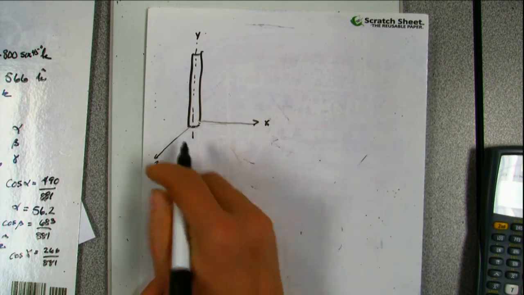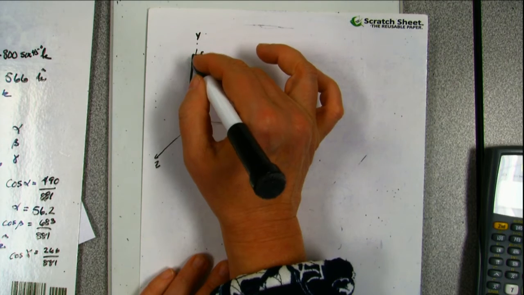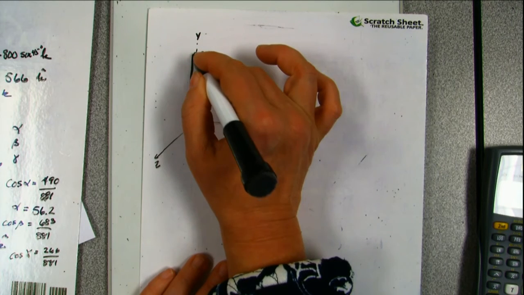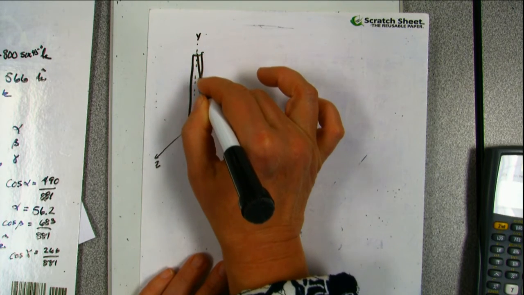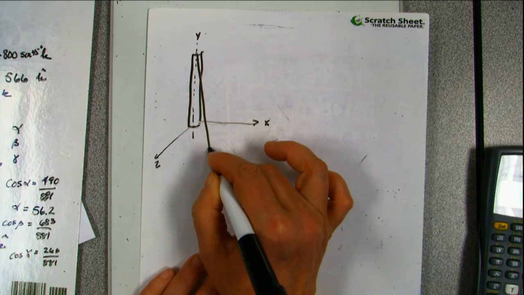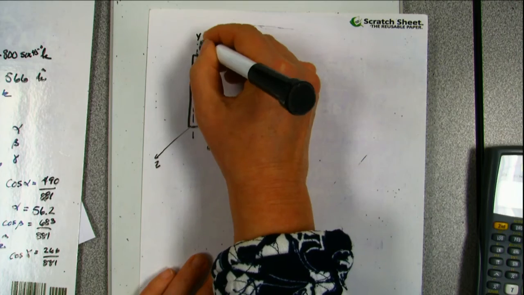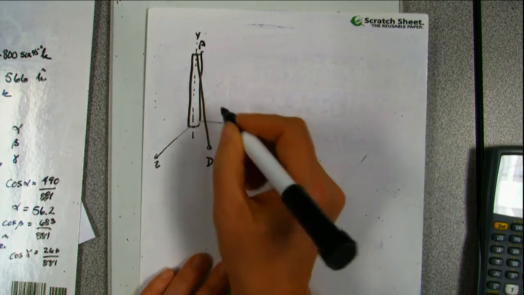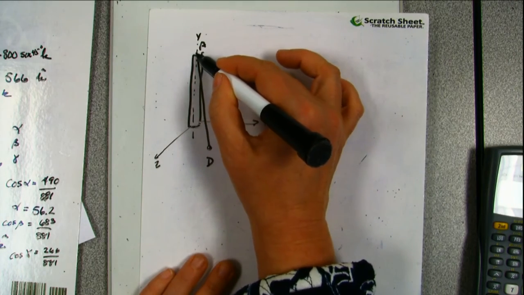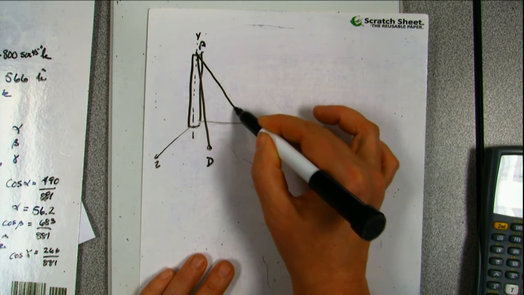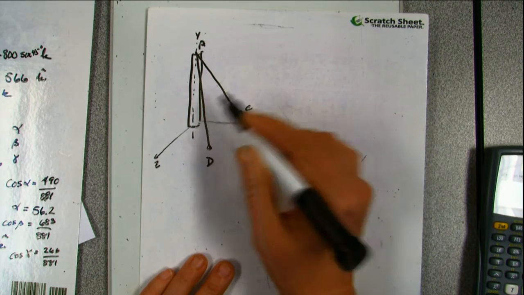So this is my x and z. Off the top of this pole, I have a stabilizing wire. Okay, and this gives me a point, so this is going to be point A, and this is point D. I also have a stabilizing wire that comes off over here, and this is point C.